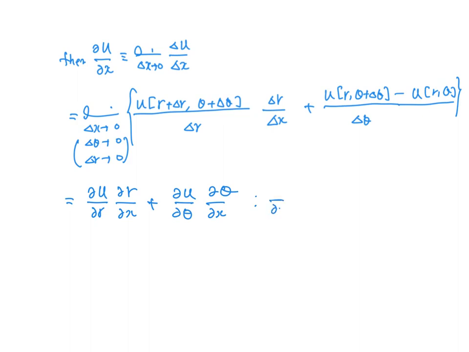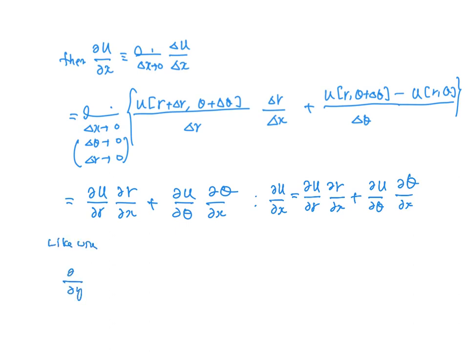So partial u over partial x is partial u over partial r times partial r over partial x, plus partial u over partial theta times partial theta over partial x. And then you can apply the same thing for y. So likewise, partial v over partial y can be written as partial v over partial r times partial r over partial y, plus partial v over partial theta times partial theta over partial y.